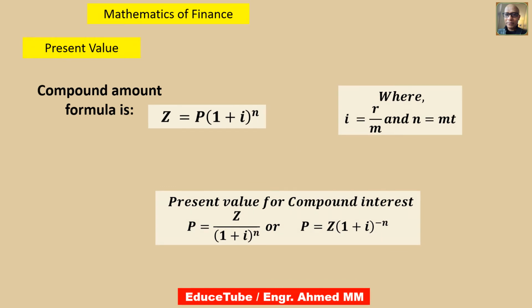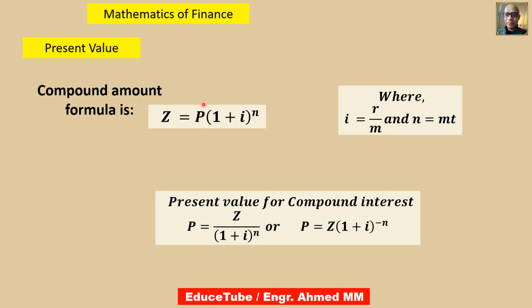Now we will discuss here about present value. So already we have seen this formula. The compound amount formula is this. Already we know I equal to R by M, N equal to MT. So this equation we can rearrange. I mean P we can bring to the left because we are talking about present value.